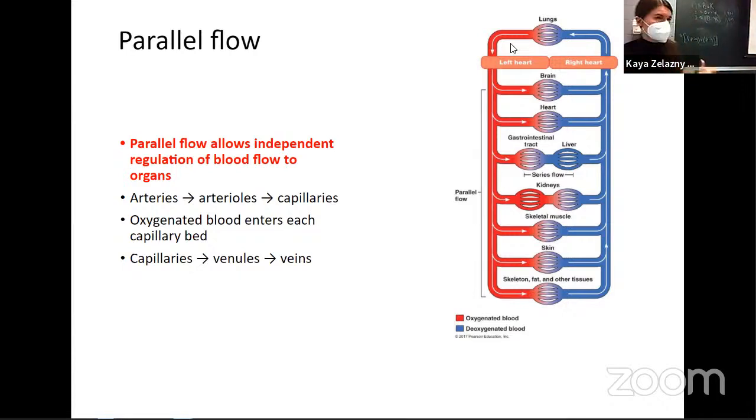Sometimes it's going to be more important to send blood to your gut. Sometimes it's going to be more important to send blood to your skeletal system. And we want to be able to control that flow. We're going to be able to do this because we can control blood flow really well using the resistance of the arterioles, controlling them. So we have blood flow to any given organ.